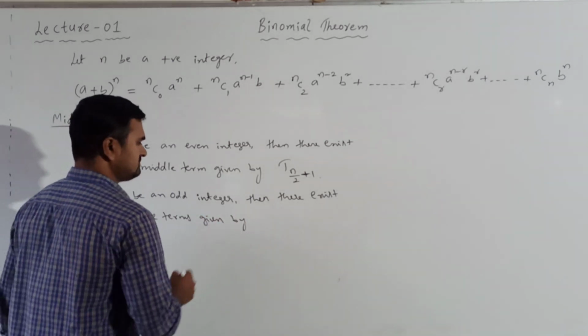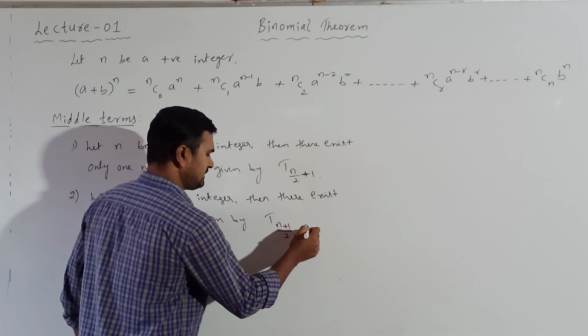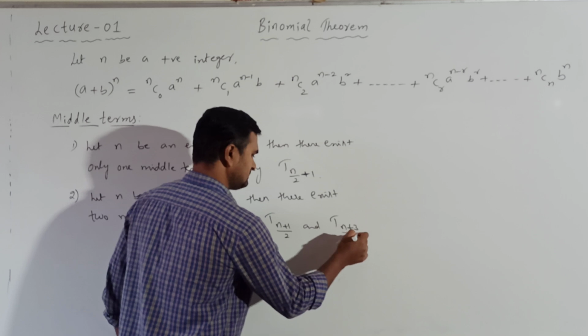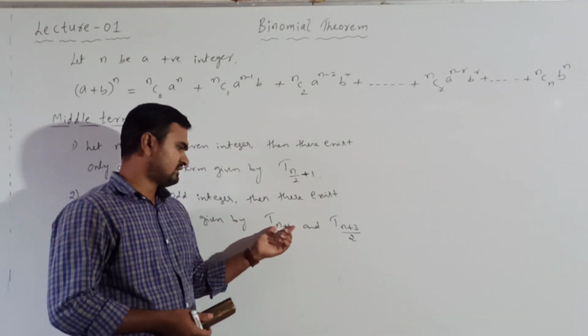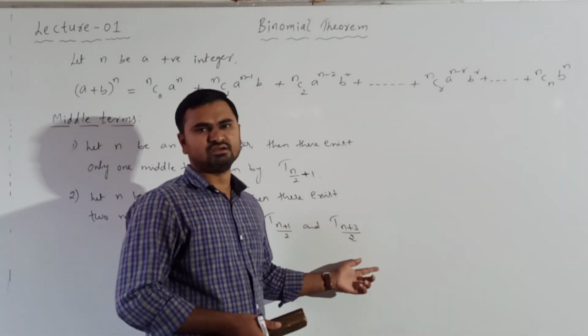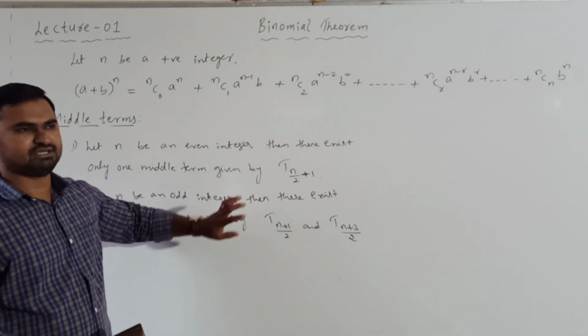These two middle terms are given by t of (n plus 1) by 2 and t of (n plus 3) by 2. So we get two middle terms in this expansion.